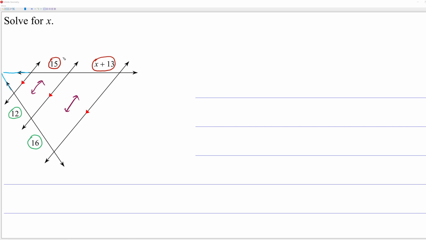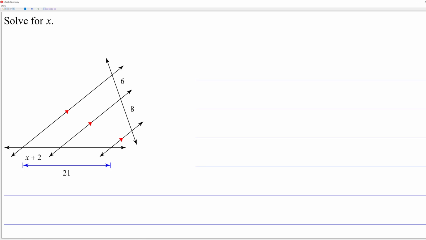So if I write down my proportion, 15 goes with x plus 13, well, 12 has to go with 16. And that is exactly the equation that we'll write down. 15 goes with x plus 13, 12 goes with 16. Solve that equation, and you're done. I think we have one more.